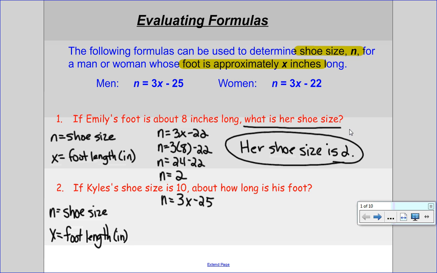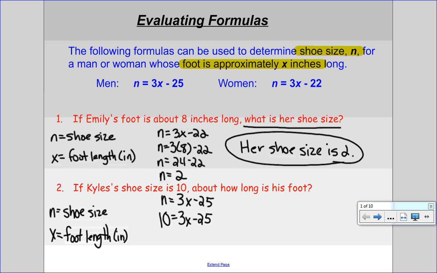The question asks, if Kyle's shoe size is 10, how long is his foot? Here we're given information about shoe size, which is for the variable N. So when I plug in 10, I need to make sure I substitute it in for my variable N. 10 now equals 3x minus 25. Here my unknown variable is X, which is foot length.